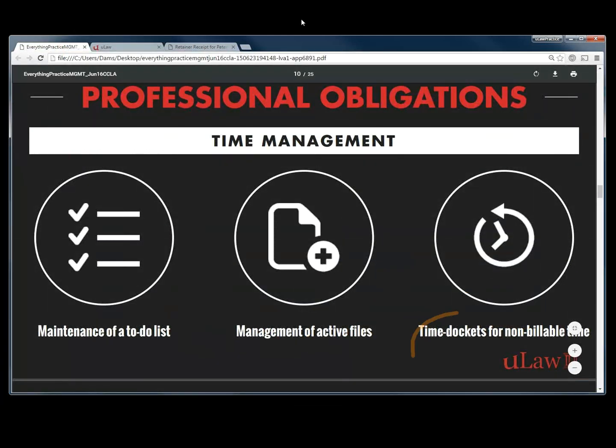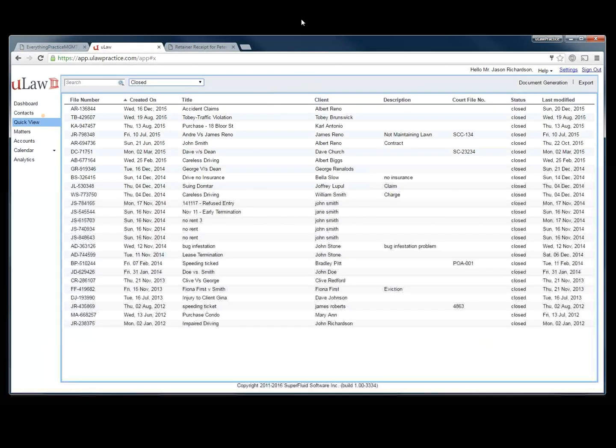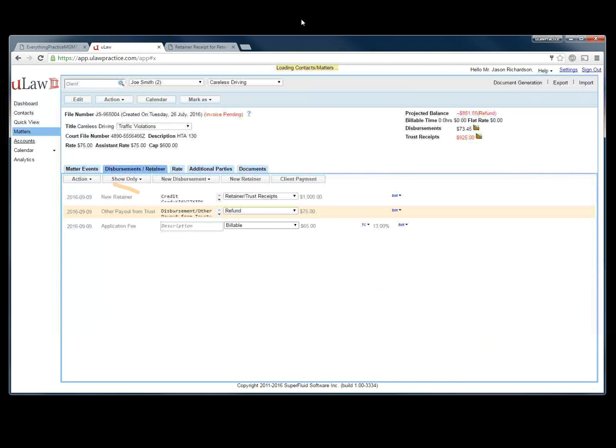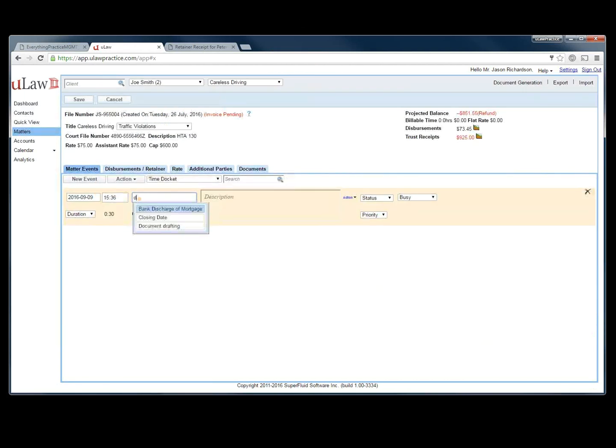Finally, it's all about not just docketing your billable, but also docketing your non-billable. Make sure you docket things that you're doing for the client as pro bono. If in this matter you happen to do some document drafting and you want to tell the client, I'm not charging you anything for that, it's pro bono, make sure that you clearly document the hours that you spent on it and hit the save button.